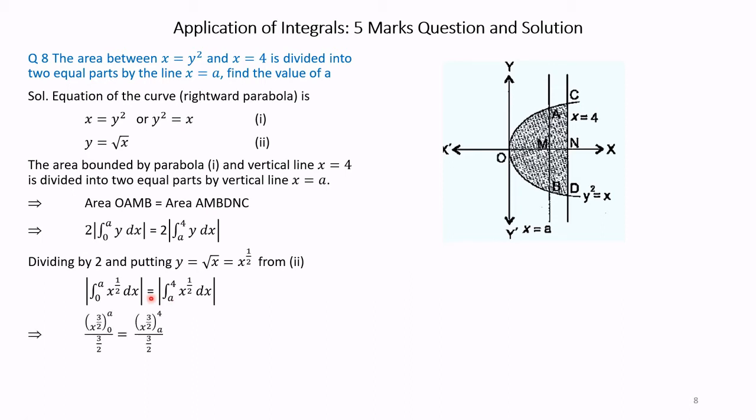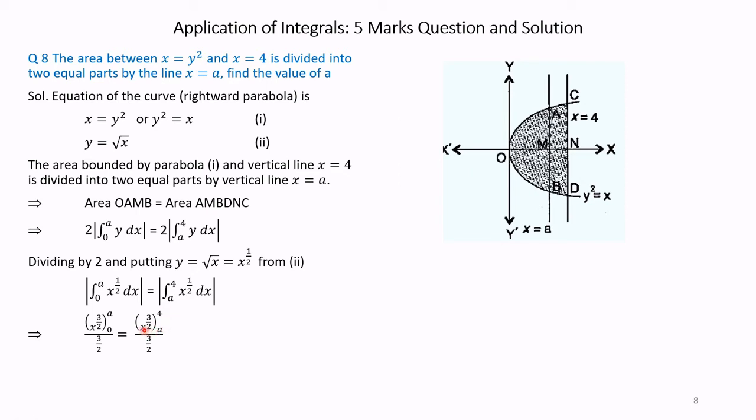Therefore, integrating x to the power of half using the power rule is x to the power of half plus 1 divided by half plus 1. That is x to the power of 3 by 2 divided by 3 by 2. The limit on the left hand side is 0 to a. The limit on the right hand side is a to 4.